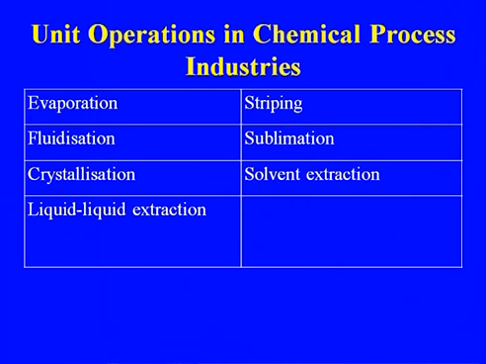In petroleum, when you are separating the close boiling point components, that is paraffin from aromatics, we are using liquid extraction. For the separation of paraxylene, we are using the crystallization process. Sublimation is another process that we are using in the case of polyester manufacture.